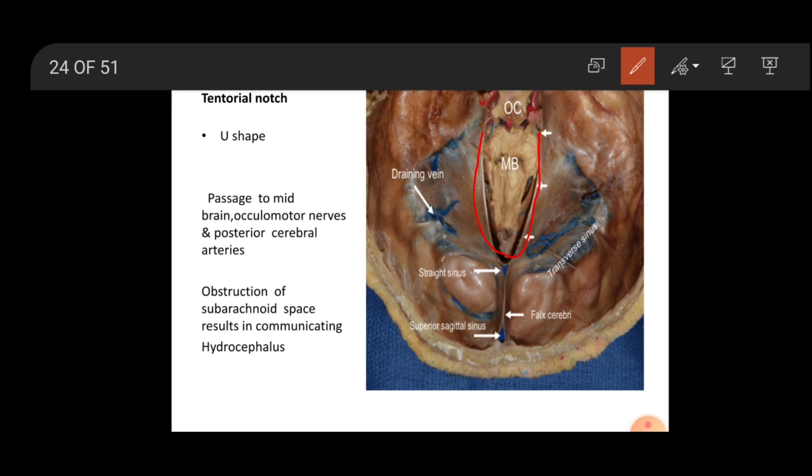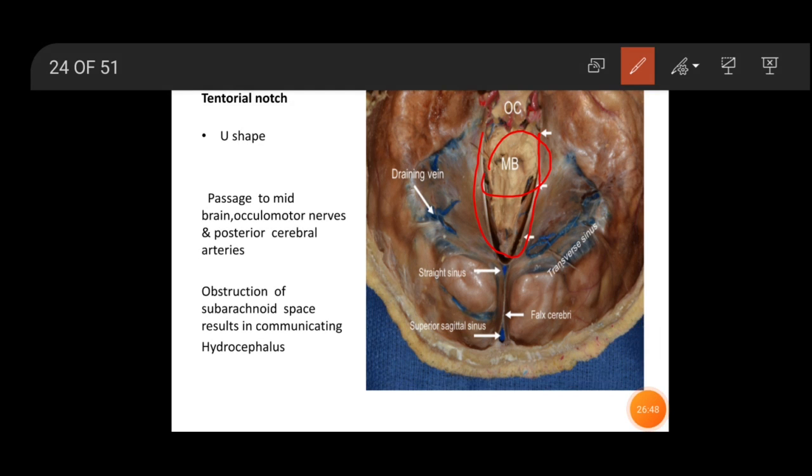That is the midbrain. So the midbrain, the oculomotor nerve and the posterior cerebral arteries pass through this tentorial notch. Obstruction of the subarachnoid space at this level can result in communicating hydrocephalus. Okay, this you have to keep in mind.